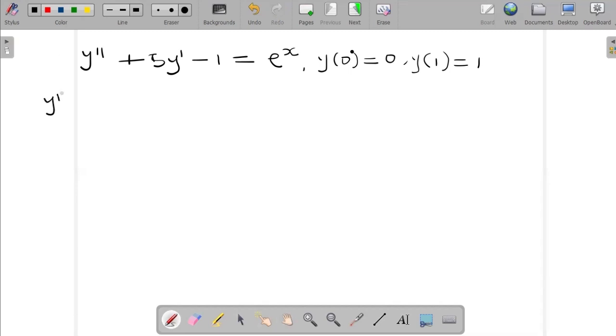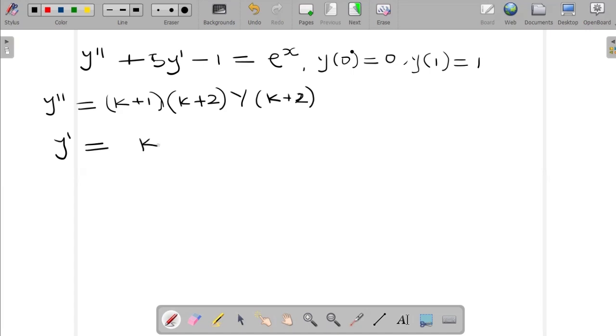We are familiar with the second order derivative, which is transformed as (k+1)(k+2)y_{k+2}. Then the first order derivative y prime is transformed as (k+1)y_{k+1}.